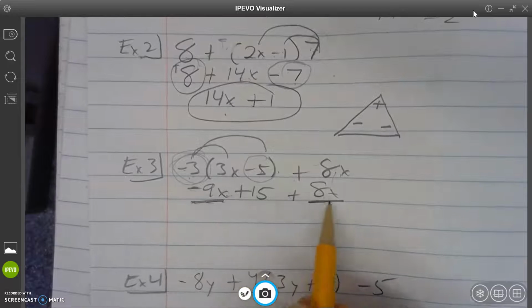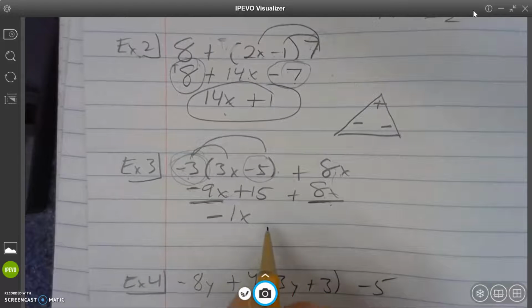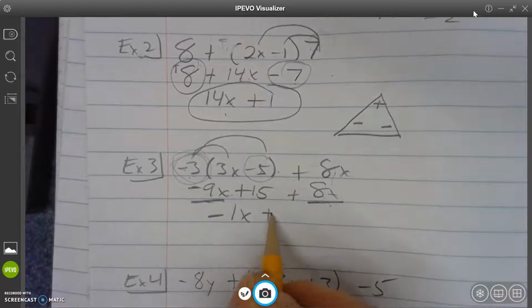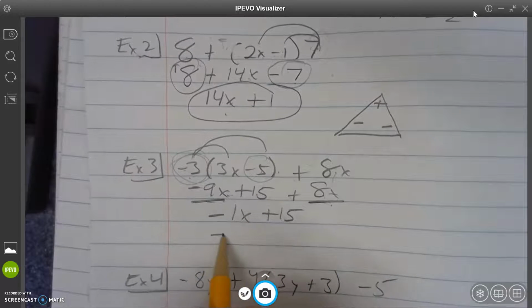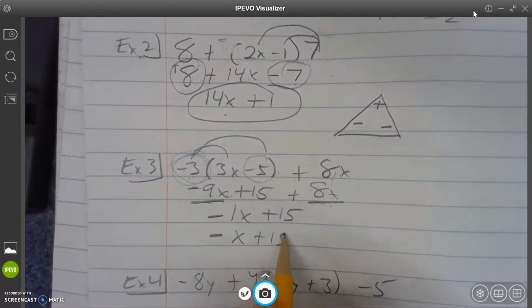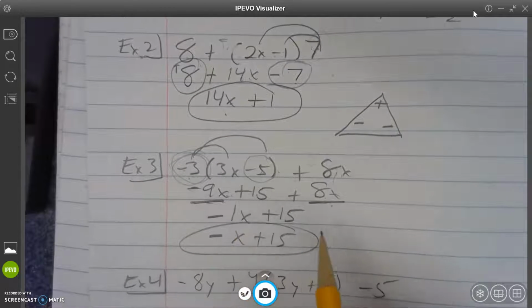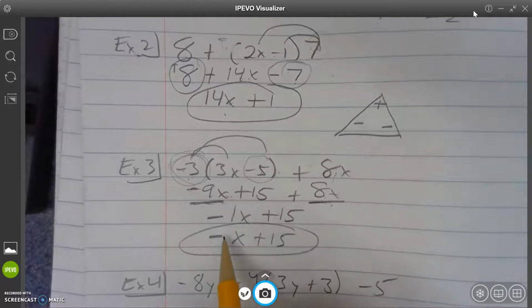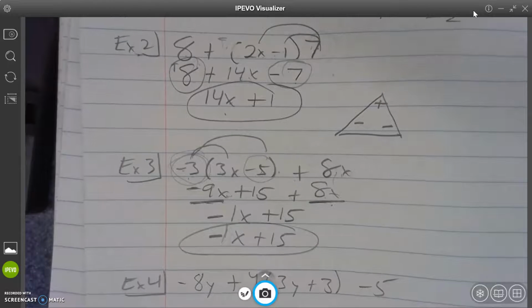So negative 9 plus 8 is negative 1x. 15 doesn't have anything to combine to, so it's just chilling. If you want to write it as negative x plus 15, that's also a good way because the 1 is always implied. You never really write the 1. It's there, but it's kind of hidden.